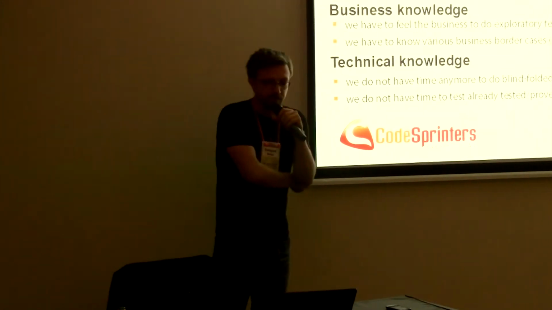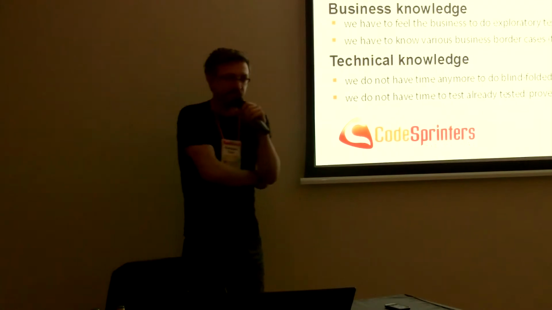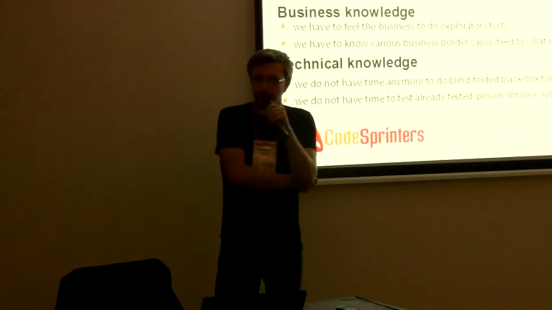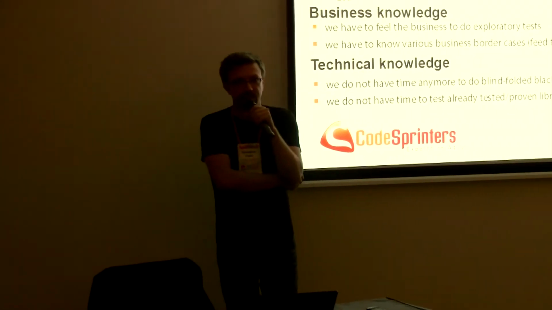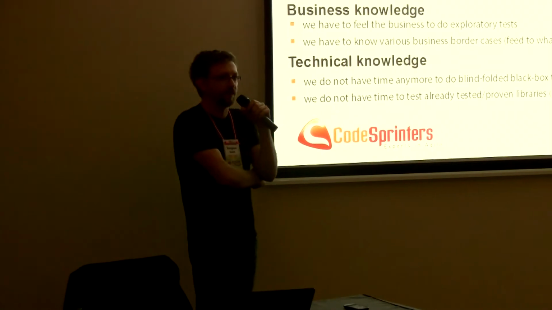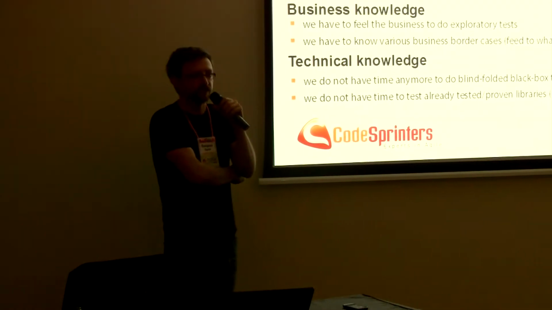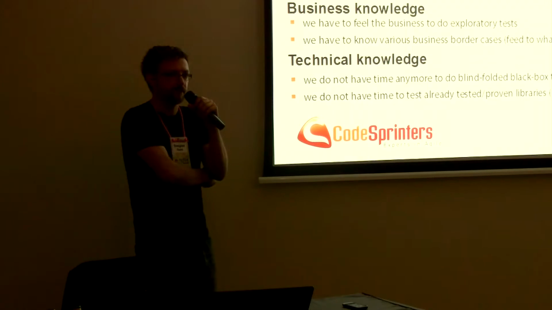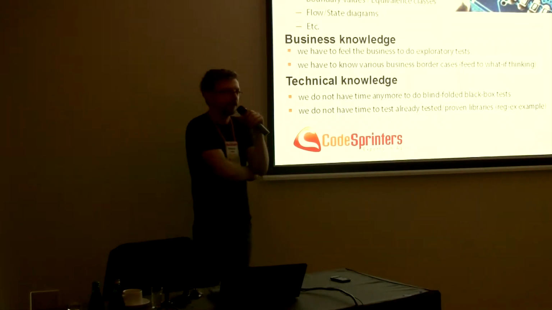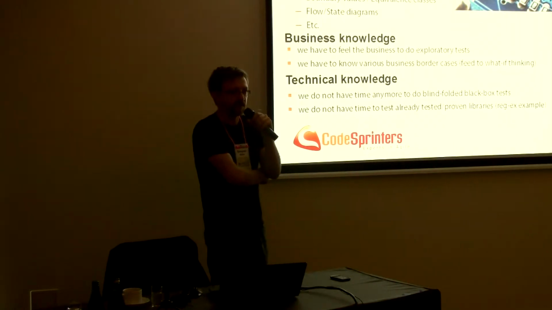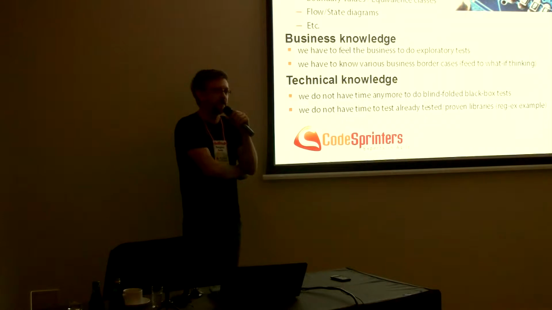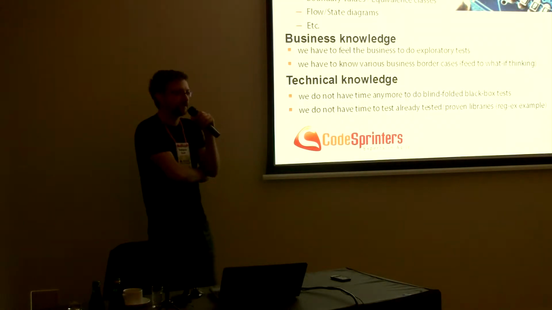Okay, and what is, I think, genuinely new is technical knowledge. Previously, testers probably did not have to be so much aware of the different modules, libraries, architecture our software had. But right now, we really do not have time for blindfolded black box testing. We need to be aware of the libraries we are using, especially those that have already been proven out there in the industry.